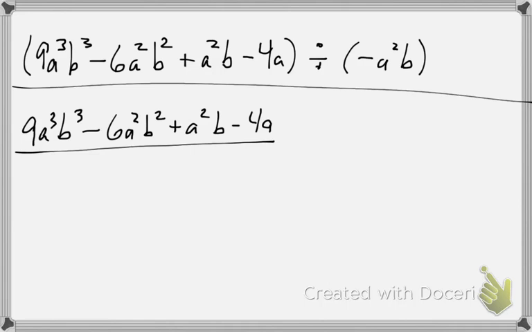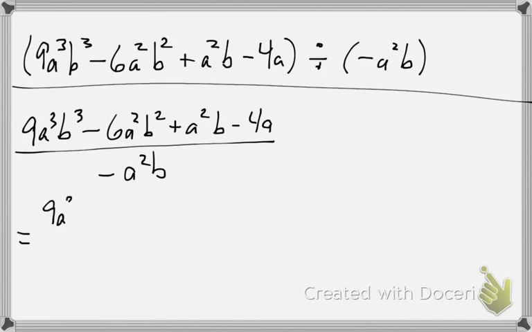So we're going to take 9a cubed b cubed minus 6a squared b squared plus a squared b minus 4a and put it all over negative a squared b. And since we're dividing by a monomial, how that works is to break that common denominator up to each of the terms.